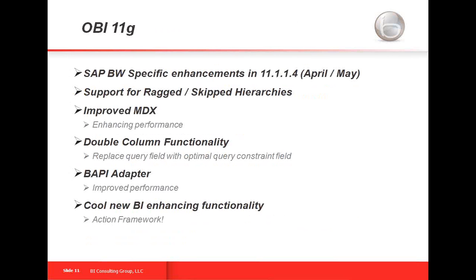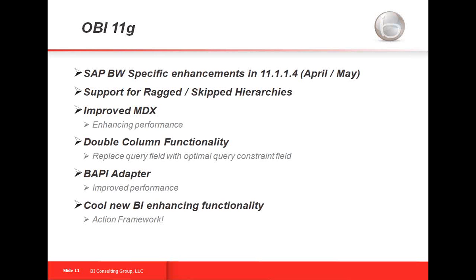There are some very specific SAP BW enhancements that are going to be released sometime in the April-May timeframe. It's the 11.1.1.4 version that's coming out. There's support for ragged and skipped hierarchies. Right now, ragged and skipped hierarchies are a little more difficult to deal with in 10G, but they can be dealt with.